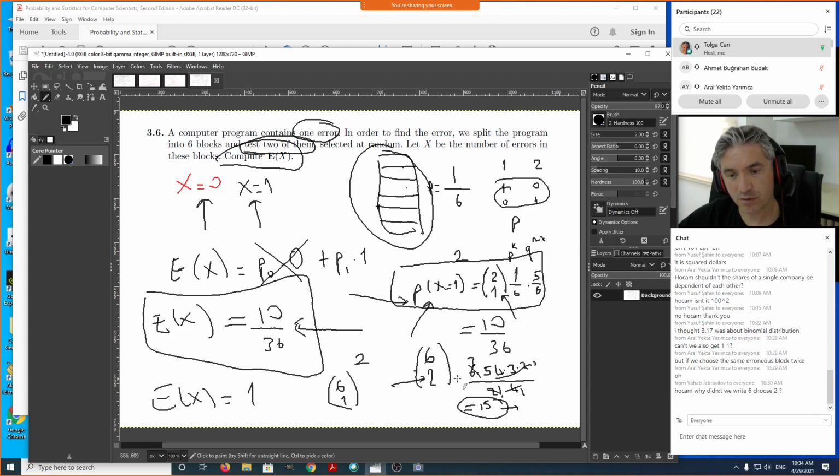And what at the end you need to do is also look at your favorable cases. So this is choosing 2 out of all 6 possible cases, our total space. Now, out of this total space, how many of them contain exactly one error? We should take a look at those. So you can find that, I think, actually how many of them contain no errors at all.